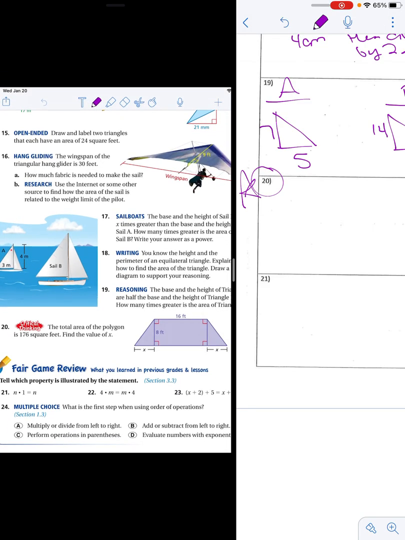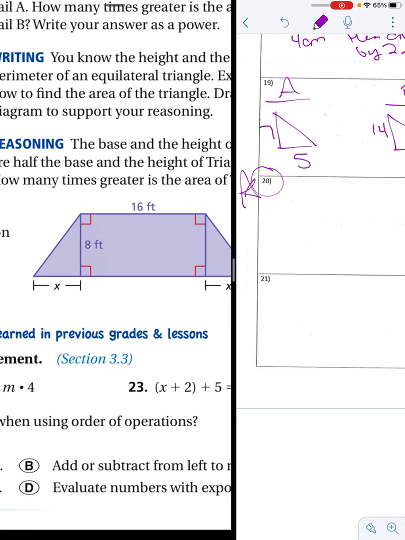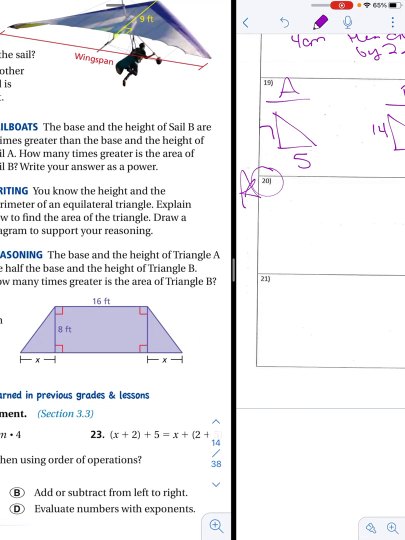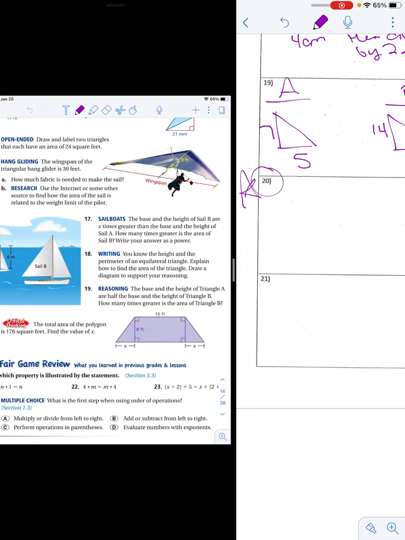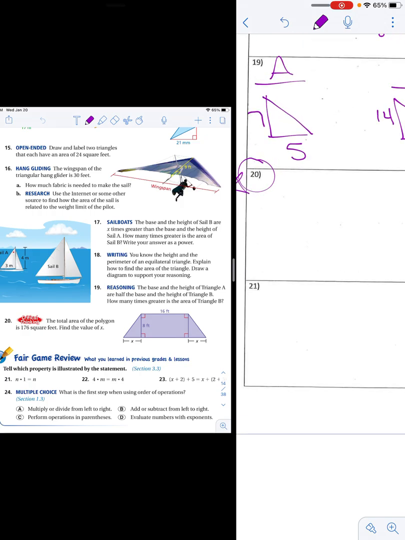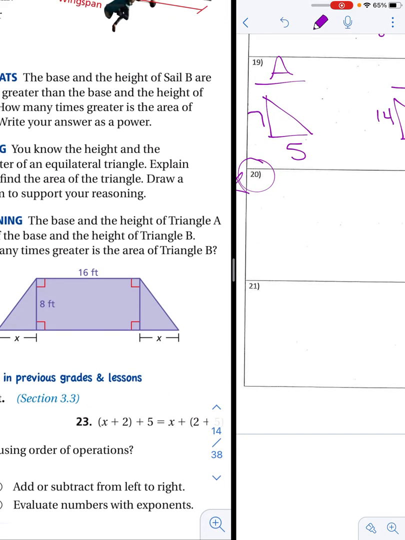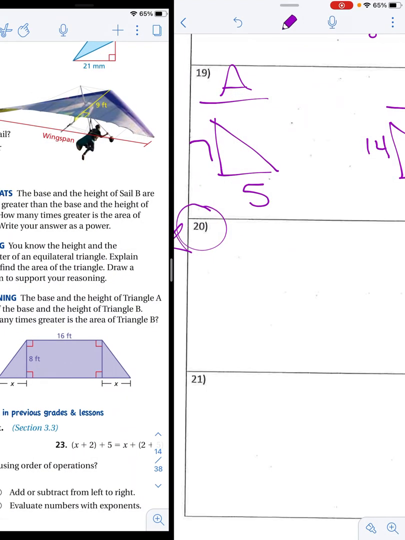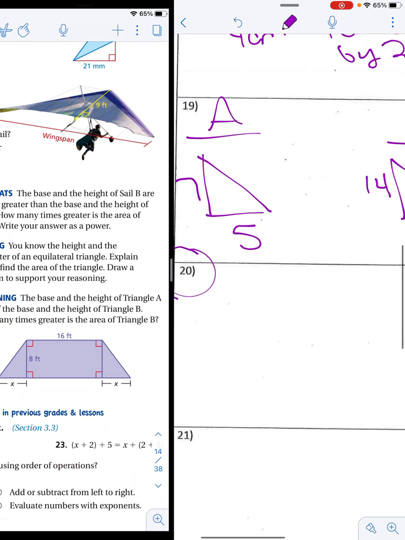So it's talking about that trapezoid over to the right. Find the value of x, the bases of those triangles, okay? We know that the total area is 176, so we're going to have to do some work. We need to start with what we know. We know the area of that rectangle inside. That would be part of the area. So let's start with that.